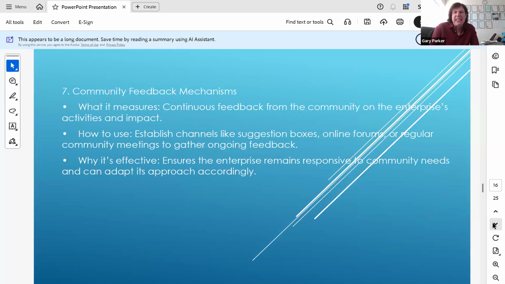The next is community feedback mechanisms. What do they measure? This is continuous feedback from the community on the enterprise's activities and impact. So, you can do this in very, very simple ways.